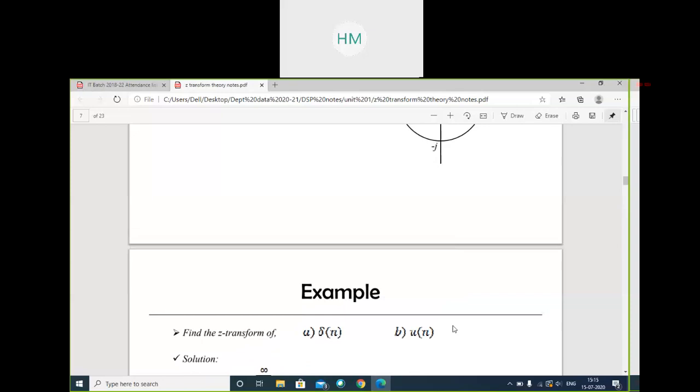Who will answer first? See, one more important thing is there, we are converting S plane into Z plane. So that procedure is known as mapping of S plane into Z plane.